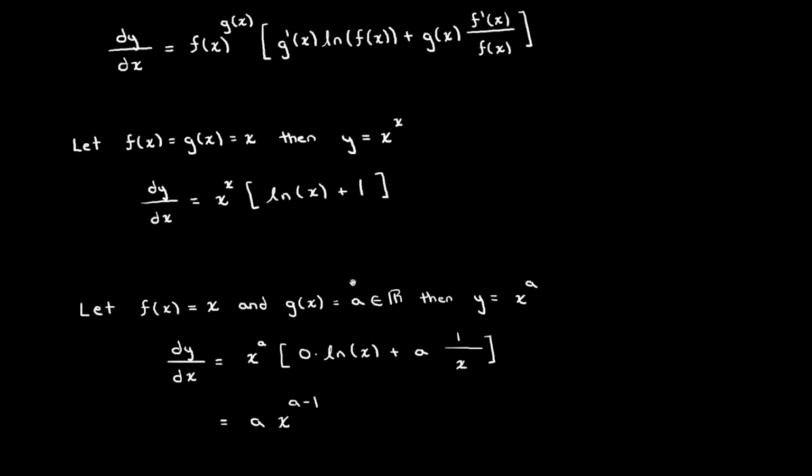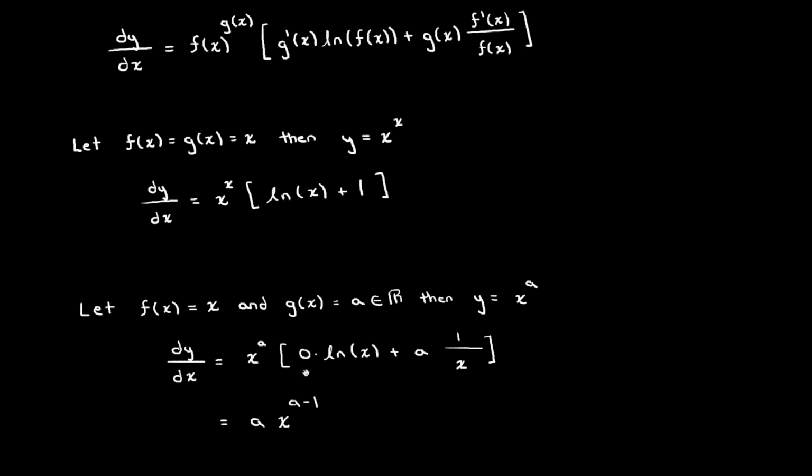G prime in this case, g of x is a constant, so the derivative is just 0. 0 times the natural log of f of x, which is just x, plus g of x is just a, and then f prime, which derivative of x is just 1, f of x is just x.